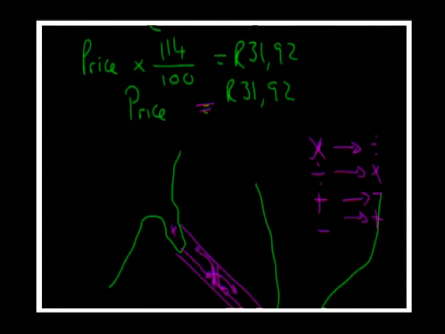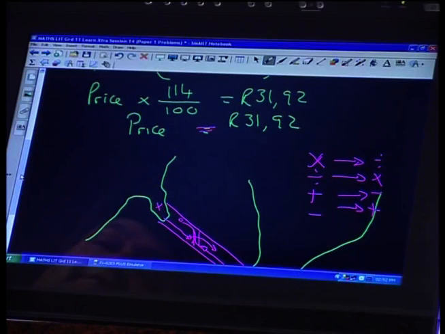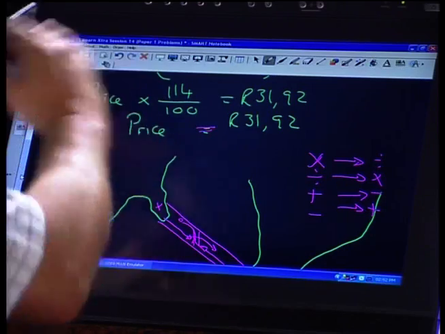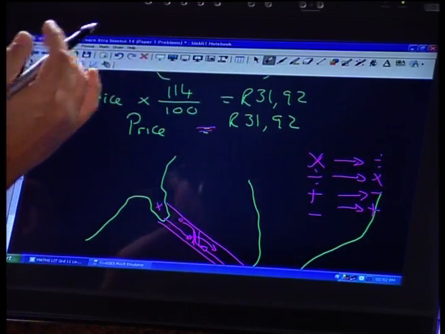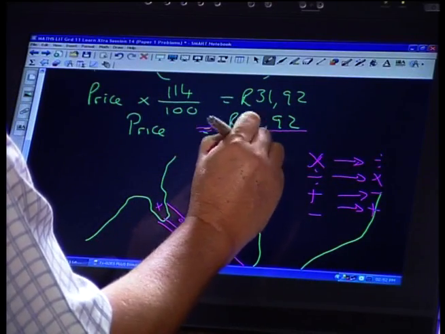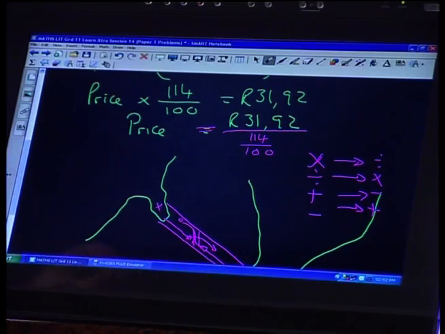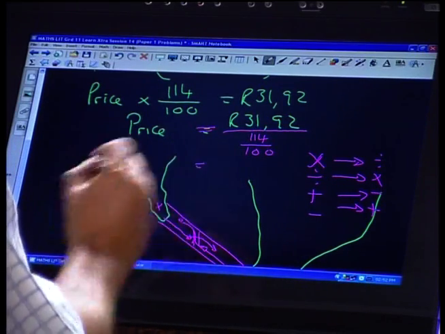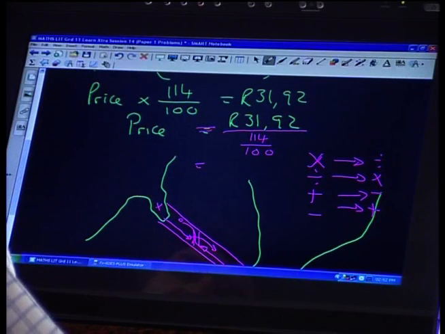Now let's have a look here. Price times 114 over 100 equals 31.92. It's times, when it goes across, it's going to become divide. So the price is that divided by 114 over 100. And then we'll find the cost of that actual item.